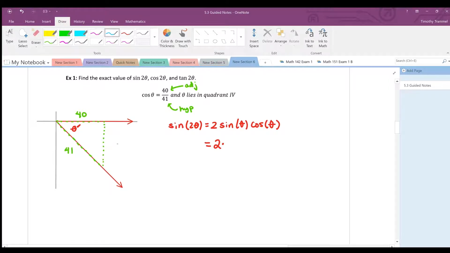And if we're missing this side, let's maybe call that side b. So we have 40 squared plus b squared is equal to 41 squared. And if we were to solve for b squared, we get b squared is equal to 41 squared minus 40 squared.